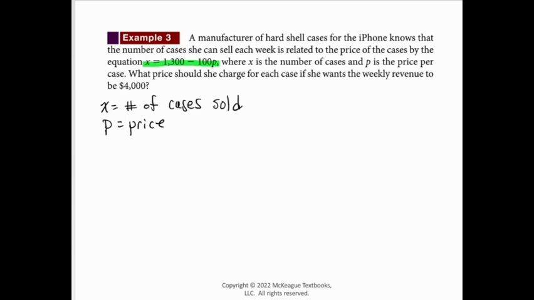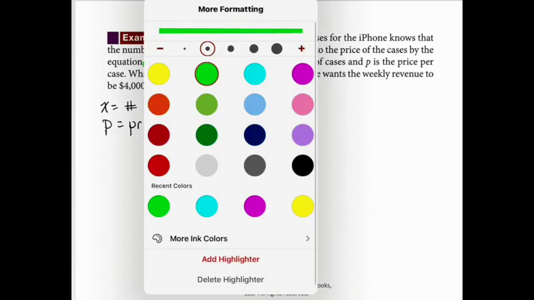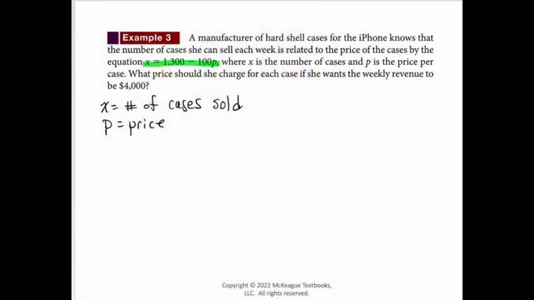And the last sentence says, what price should she charge for each case if she wants the weekly revenue to be 4,000? Now, typically in a word problem, you're given a lot of information throughout the body of the question, but usually the last question states specifically what the author wants you to find.